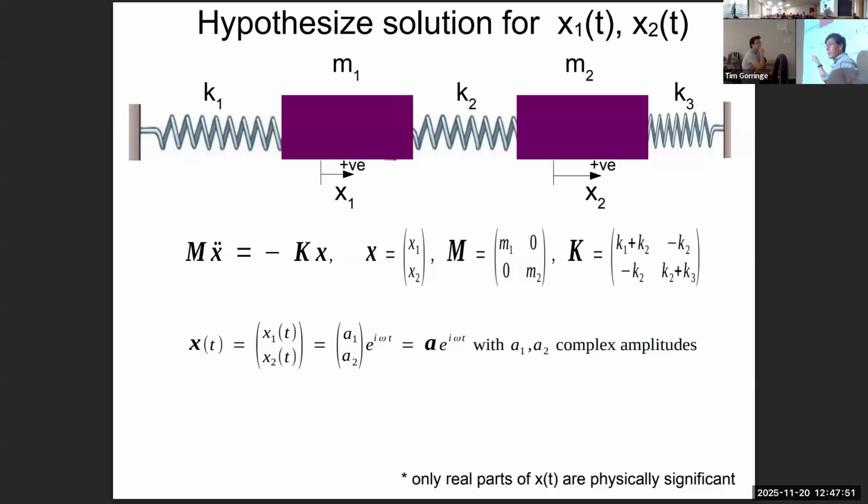I'm also not hypothesizing, a little bit hidden here, anything about the phases of the oscillation. I'm going to let A1 and A2 be complex numbers. If they were both just positive real numbers, they would be in phase. But if I allow them to be complex, the difference in the phase of these complex numbers would be the difference in the phase of the sinusoidal oscillation.